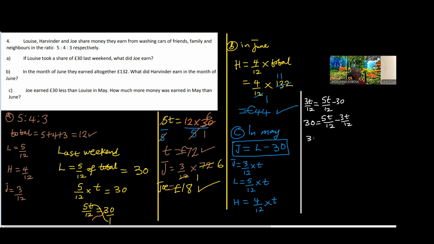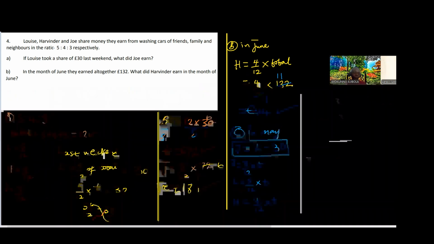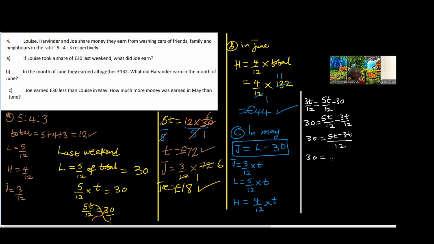So 30 equals 5t minus 3t all over 12. What is 5 minus 3? That's 2t over 12. Cross multiplying, I have 2t equals 12 times 30.